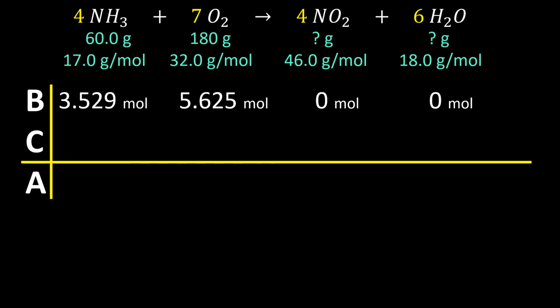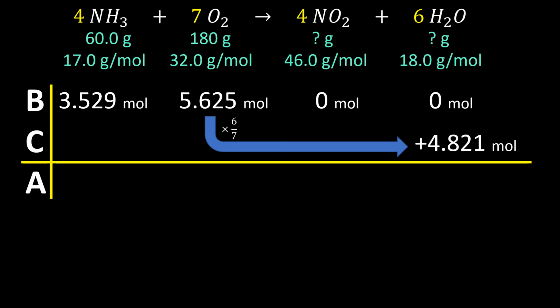Okay, so now we're going to use the oxygen. I'm going to first calculate how much water would be produced in moles. Again, I'm using the coefficients in the balanced chemical equation, the 6 in front of the water and the 7 in front of the O2. If I multiply the 5.625 by 6 over 7, I find that 4.821 moles of water is produced in this reaction.